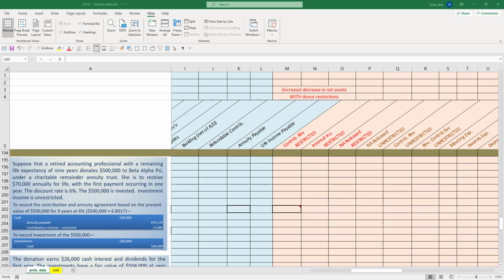Now these next series of journal entries will seem kind of odd, but I want to preface this by saying how a nonprofit organization generates money can vary from one organization to the next.